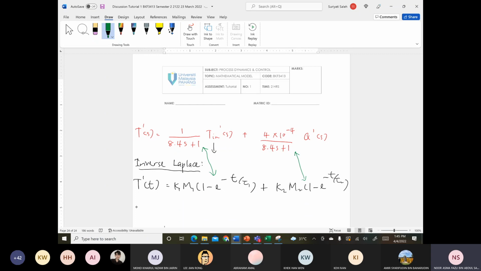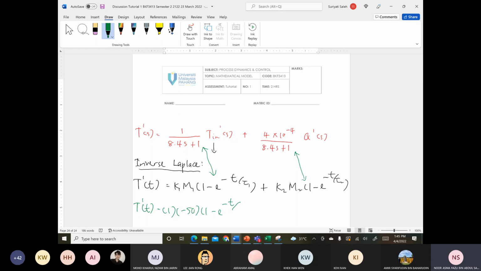So here I can put it back: T prime of t, K1 is 1, M1, since this one is based on the inlet temperature, becomes negative 50, times 1 minus exponent negative t over tau 1.